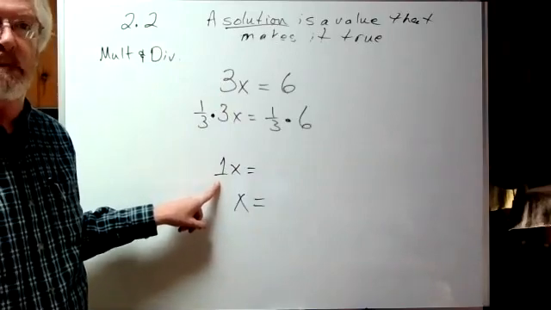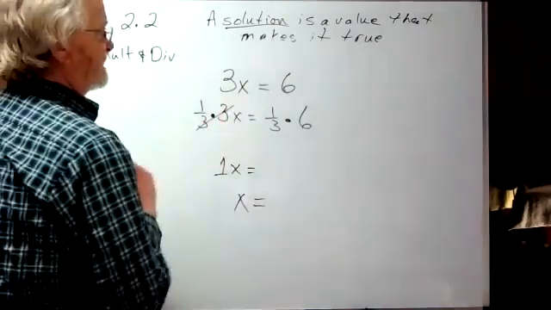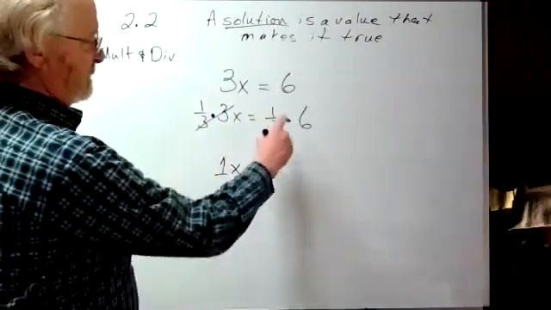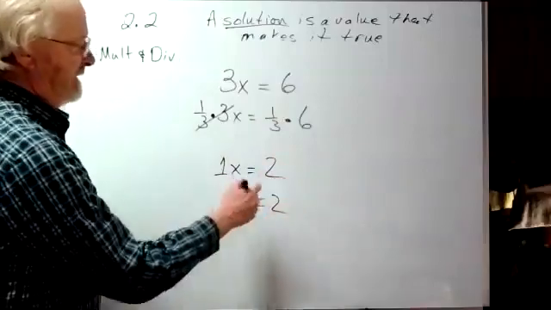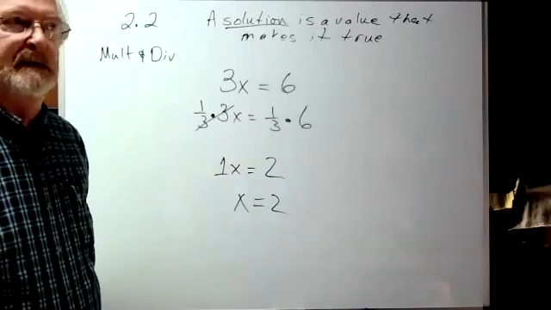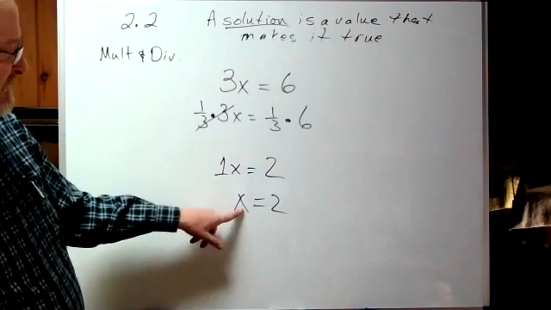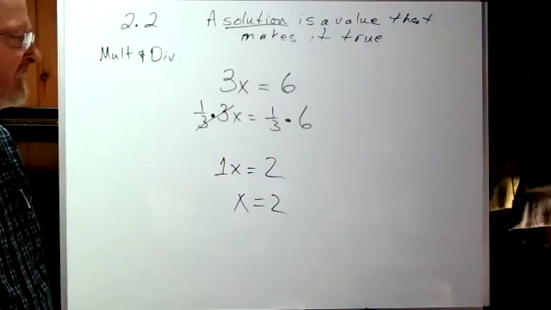It's the multiplicative inverse, so those, in a sense, cancel each other. I'm down to 1x equals 2. This is the step where you don't really have to show me, but it explains how we're using that identity concept. So I got down to x equals 2.